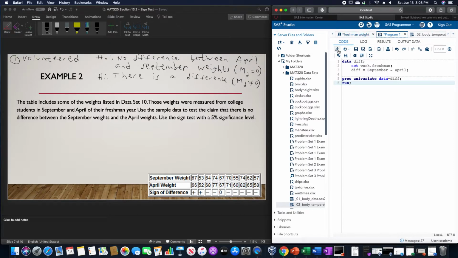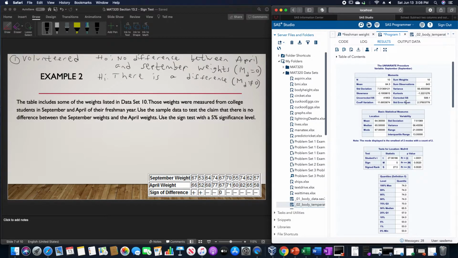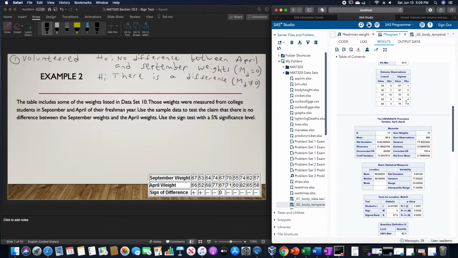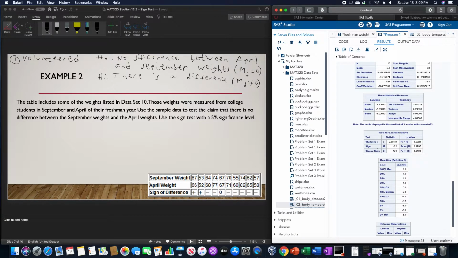Okay? Doing so, once it loads, the one that we are looking for is not the September or the April one. We want the difference. The sign test is located in the tests for location section.